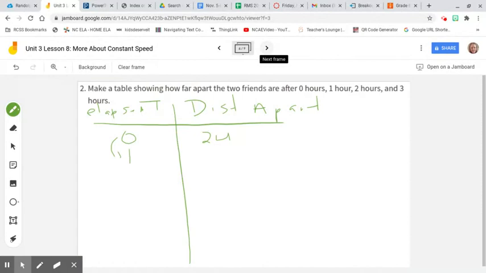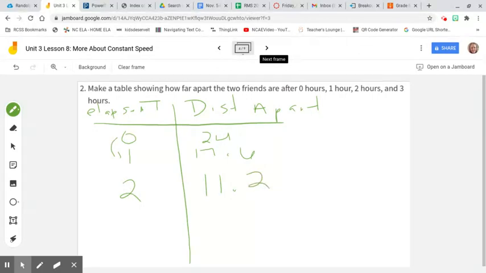So after 1 hour, there's 17.6. If we take that 17.6 and we subtract 3, and then we subtract 3.4, after 2 hours, they are now 11.2 miles apart.